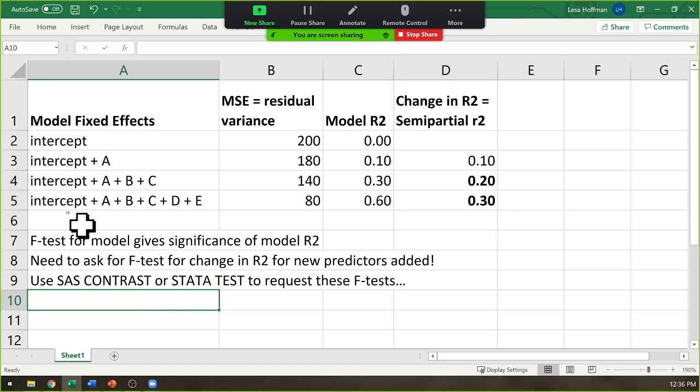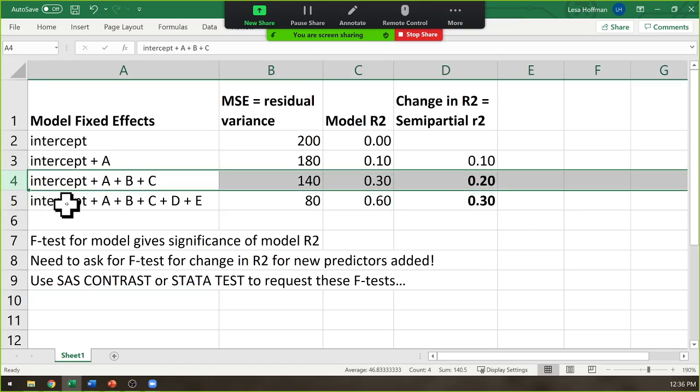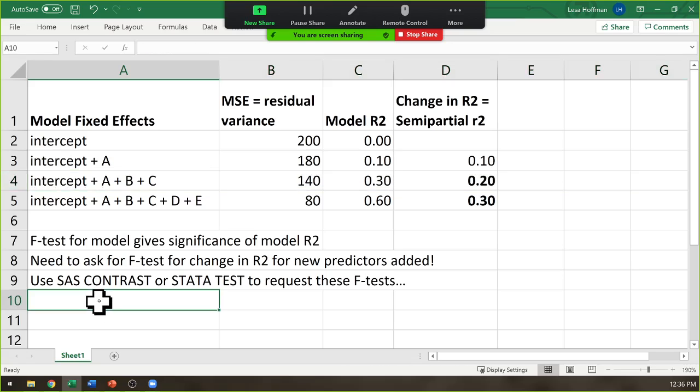If I was going to do the F test for B and C, it would be like this: contrast. They put the label in, F test for B and C, and then it would be the predictor, a 1, a comma, the other predictor, a 1, and a semicolon.